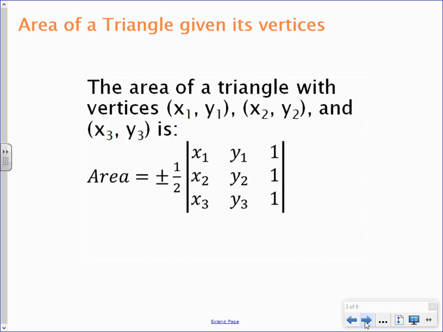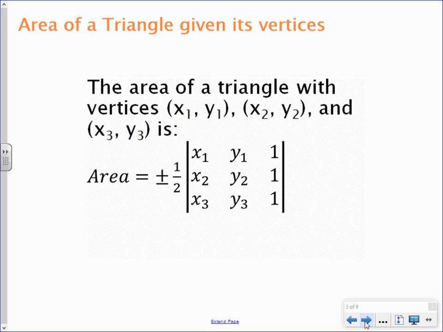If we know the coordinates of a triangle, then you can plug them in to this matrix with 1s in the third column, find the determinant, and multiply by plus or minus 1/2.